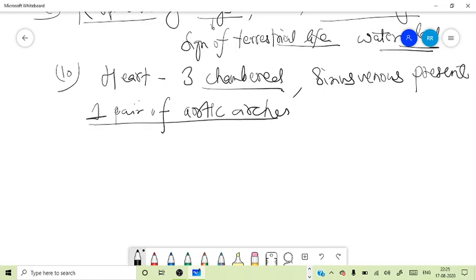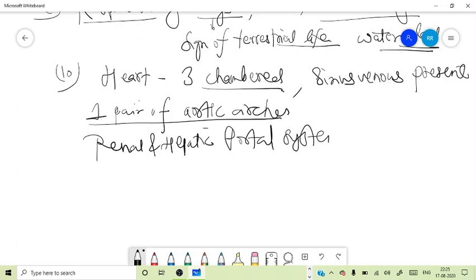Then renal and hepatic portal systems are present. So both the portal systems are present in amphibians, the renal portal system and the hepatic portal system.